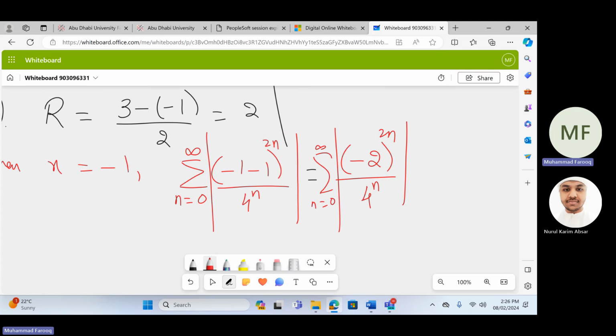Power 2. If it were 1, then we could not ignore it, but right now we can ignore it. So it becomes 4 raised to the power n. Yes or no? Yes.